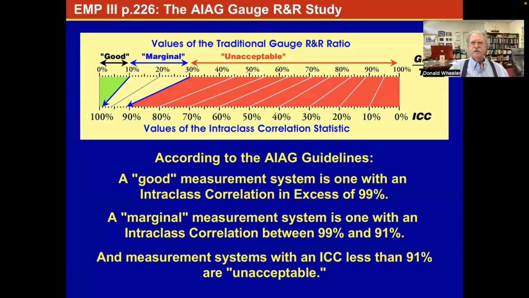And here we begin to see how conservative the gauge R&R ratio and guidelines are. And measurement systems with an interclass correlation less than 91% are rated unacceptable by the AIAG.